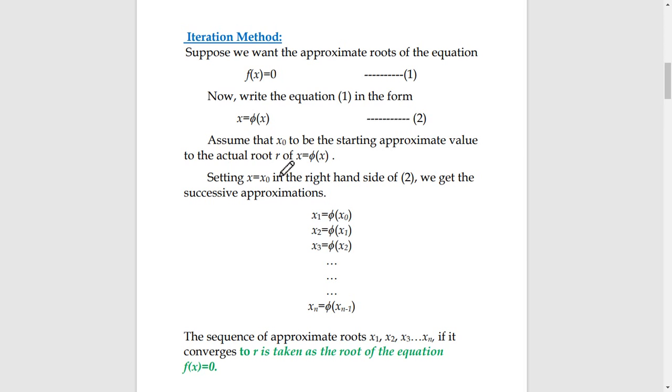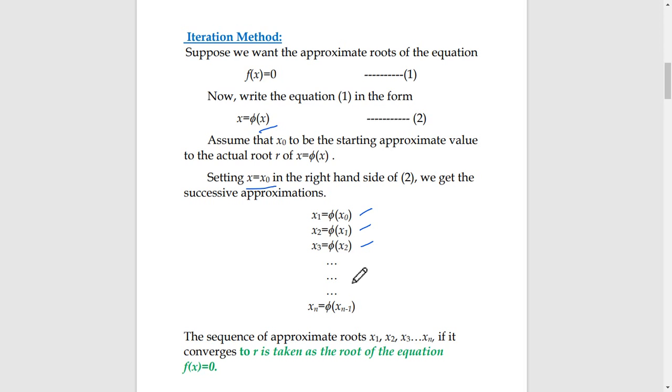So the first iteration x1 is equal to phi of x0. The second iteration x2 equals phi of x1. Next, the third iteration x3 equals phi of x2, and so on.